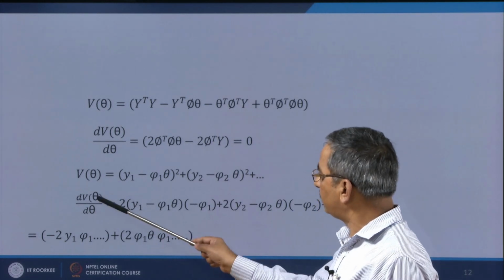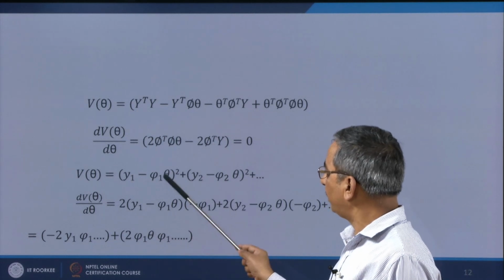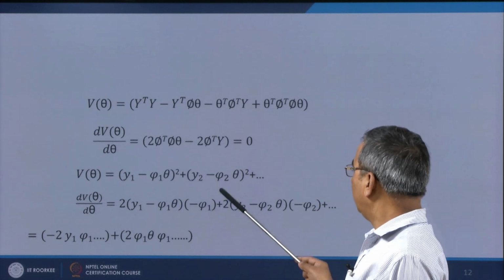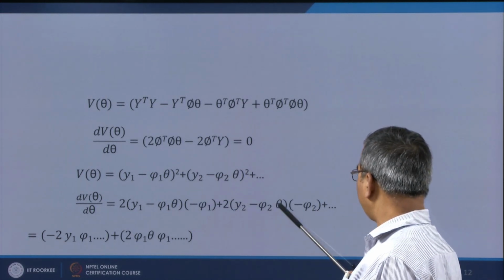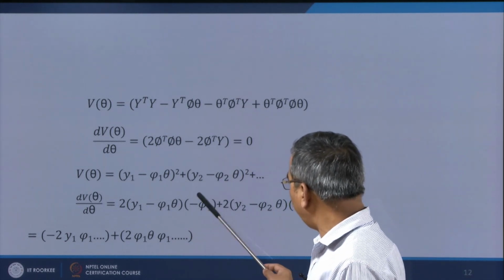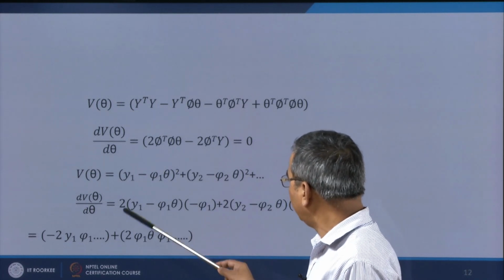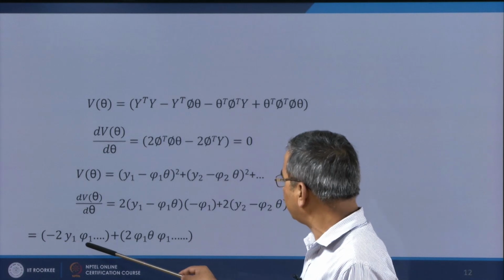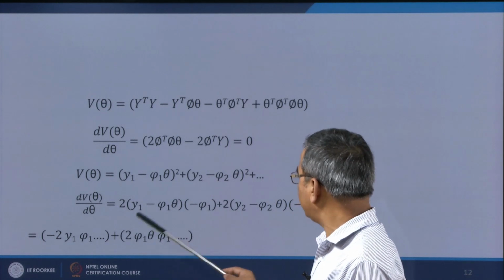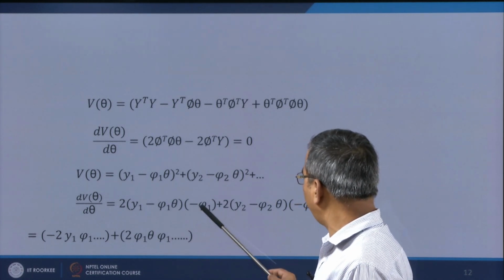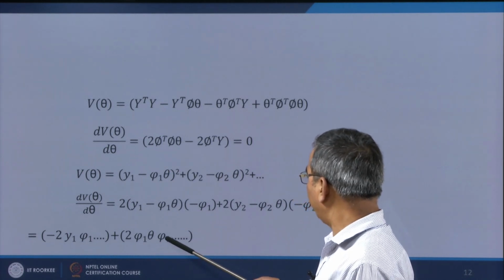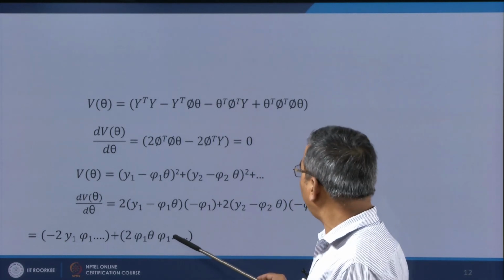Now, if I differentiate this with respect to theta, naturally what you will be getting is 2 (y1 minus phi 1 theta) into minus phi 1, and 2 (y2 minus phi 2 theta) into minus phi 2, and so on. Okay. Now, you see that this minus and this term will be making it minus here. So, minus 2 y1 phi 1, and this minus will be plus, so it will be plus 2 phi 1 theta phi 1. Okay. So, this is basically what we are going to get.